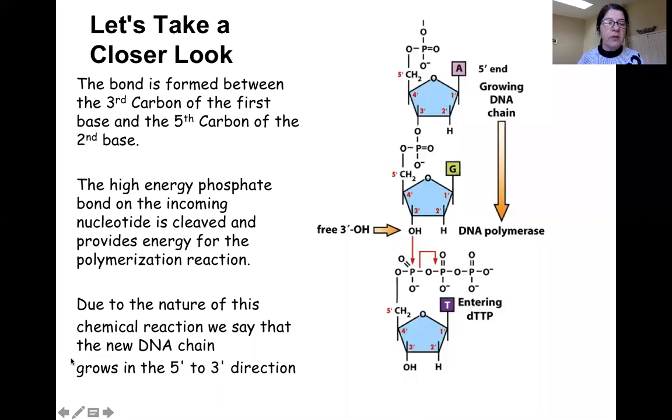Due to the nature of this chemical reaction, we say that the growing DNA chain always grows from 5' to 3'. So DNA chains have a directionality. There is the 5' end, which has a phosphate group exposed of the first nucleotide, and a 3' end, which has a hydroxyl group exposed of the very last nucleotide.